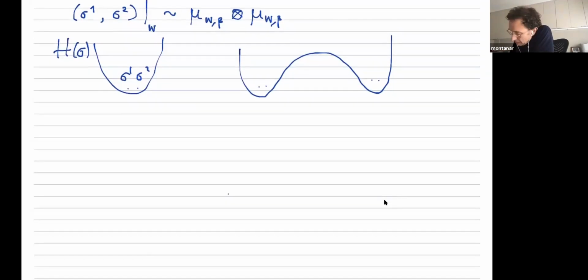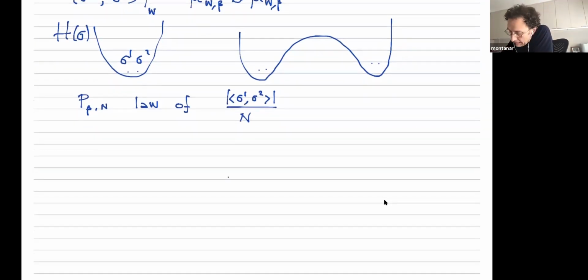In particular, I'll call it P beta n, the law of how close they are to each other. Since these vectors sigma have norm square root of n, I can equivalently look at the angle between the two vectors. So I take the scalar product and divide it by n. This is what's called the overlap.